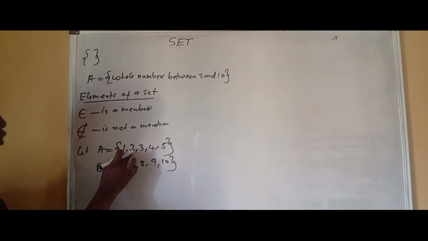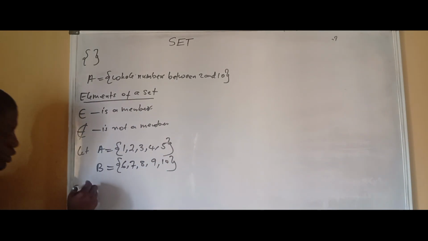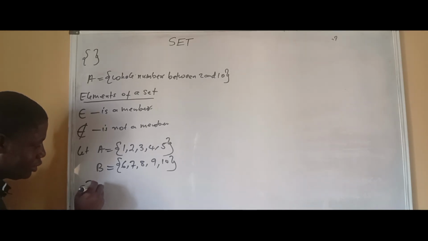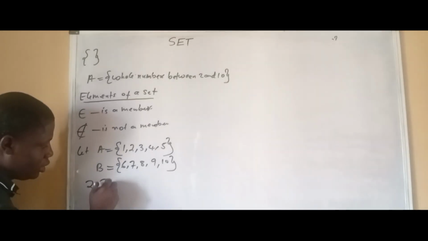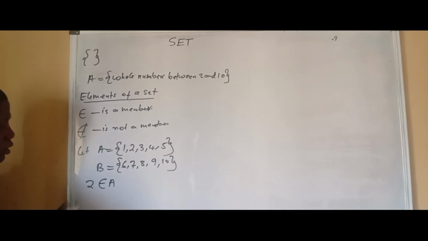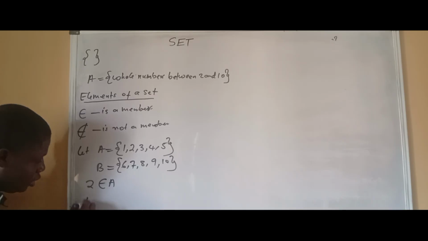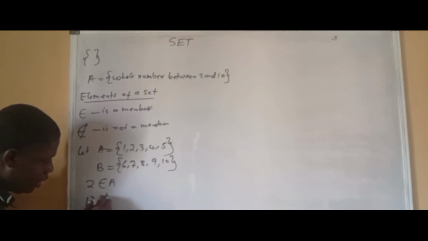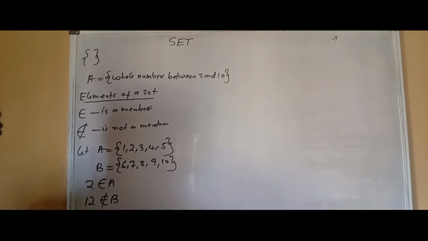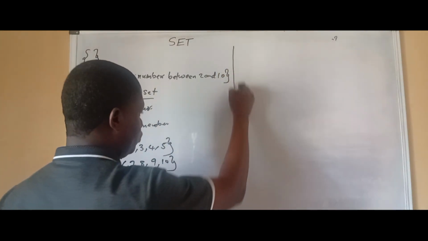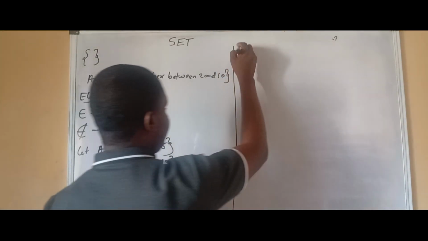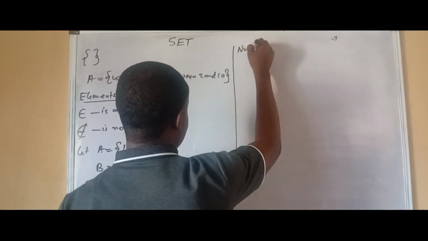Here, since 2 is contained in set A, we can write it as 2 is a member of what? Set A. And here from set B, since 12 is not contained in set B, we have it that 12 is not a member of what? Set B.